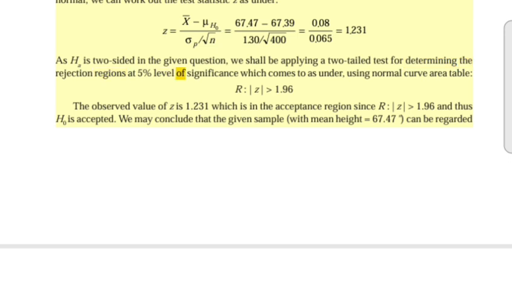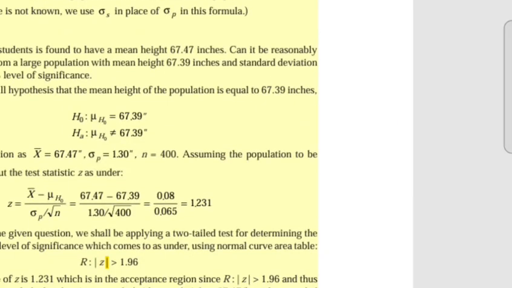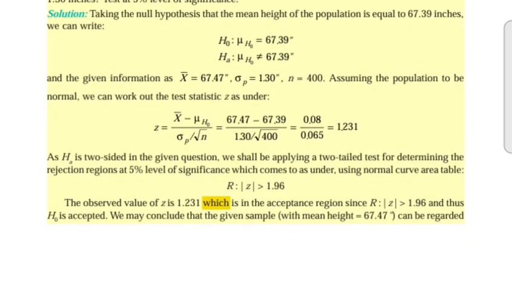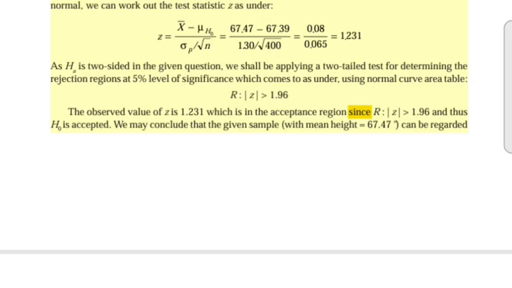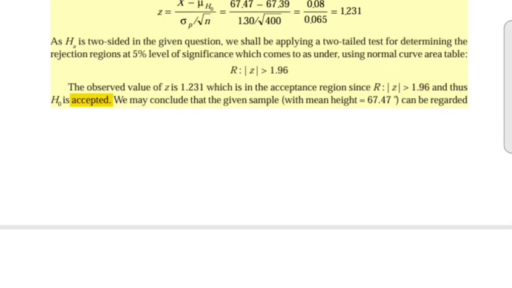Using the normal curve area table, the rejection region is |z| greater than 1.96. The observed value of z is 1.231, which is in the acceptance region, and thus H0 is accepted. We may conclude that the given sample with mean height equal to 67.47 can be regarded as a sample from the population.